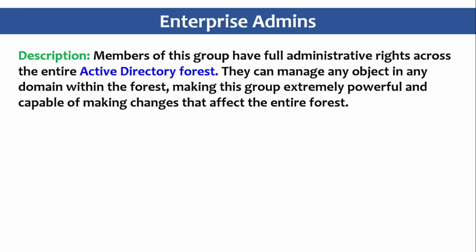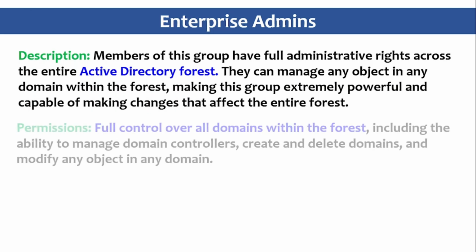They can manage any object in any domain in the entire forest, making this group extremely powerful and capable of making changes in any domain in the forest. So if you are a member of this group, you have God mode. You can control everything in the entire forest. This is the supreme authority in the entire forest.